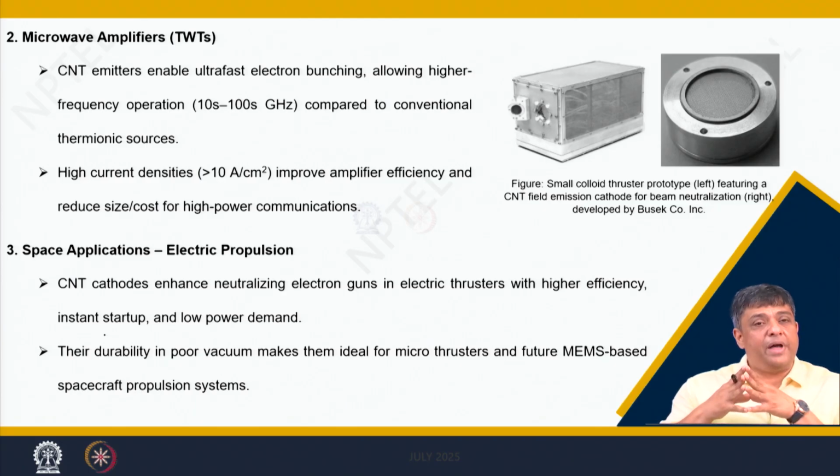You can also make microwave amplifiers, and because of these ultra fast electron bunching which is facilitated by CNTs, you can have improved amplifier efficiency, and this leads to reduced size, and the economics of such sensors or amplifiers are even in a way reduced that they are becoming cost effective.